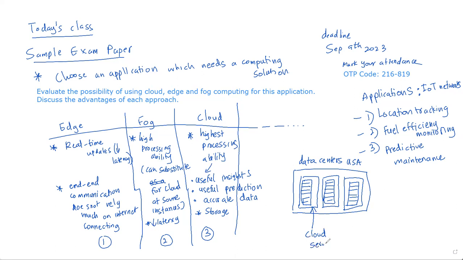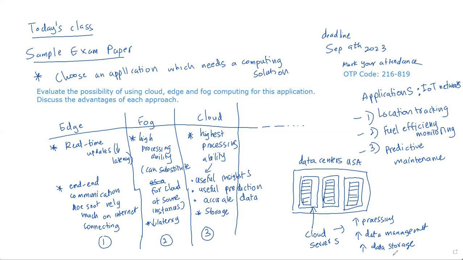So the centers provide cloud servers which have high processing ability, high data management ability, and also data storage ability. Data storage also will be done in an optimal manner in the cloud servers.